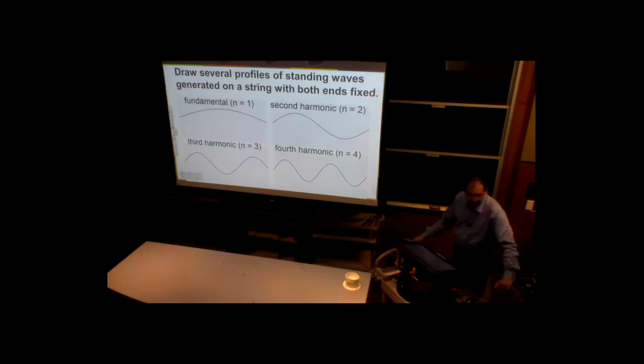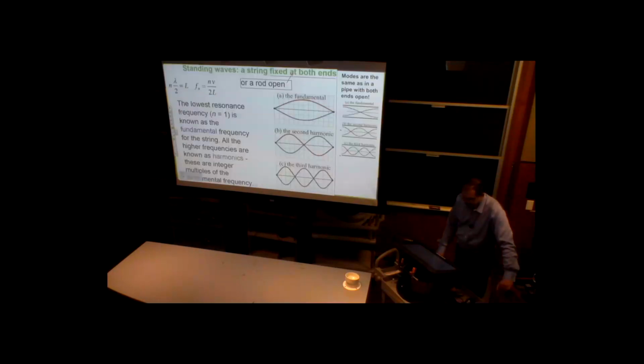It's a handy, convenient practice, drawing modes and being able to quickly identify which picture represents mode number 1 or which picture represents mode number 4, etc. And the equations for both situations are mathematically absolutely identical.